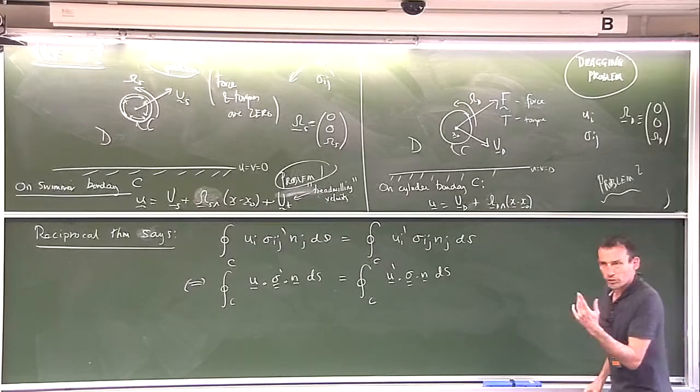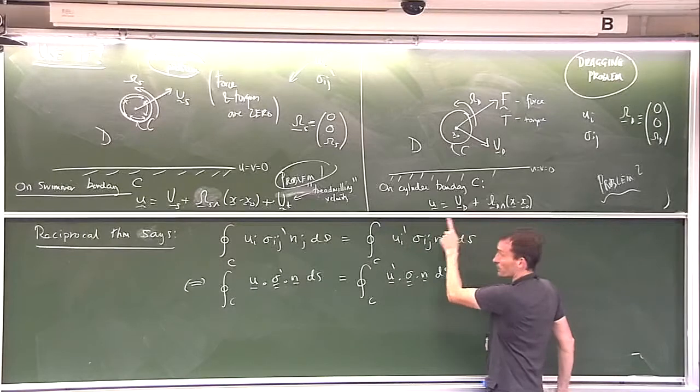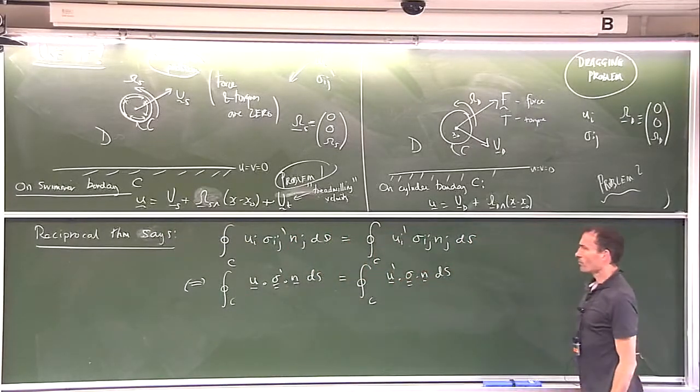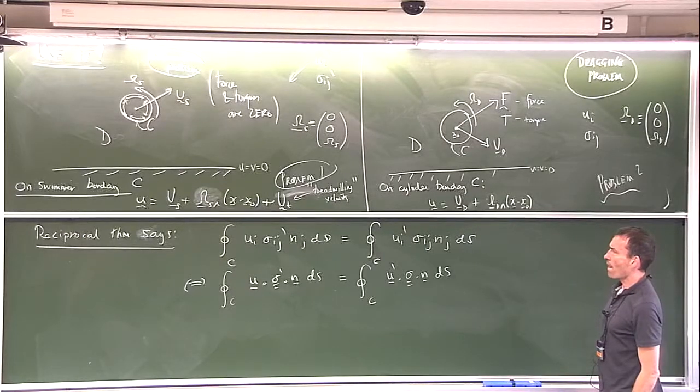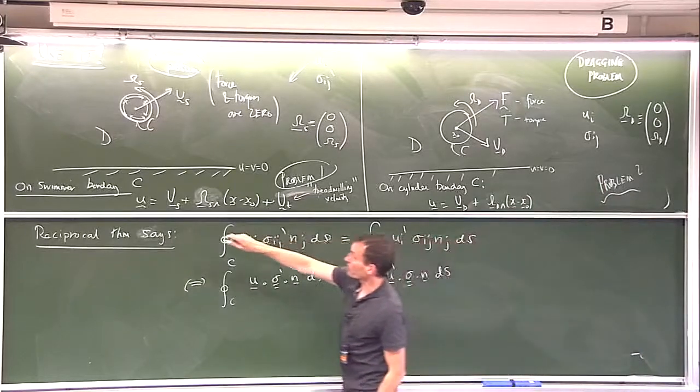You see, I don't want to write it in index notation anymore. I want the velocities because I've got these expressions here for the u's. Oh, I need to put a prime on here, don't I?